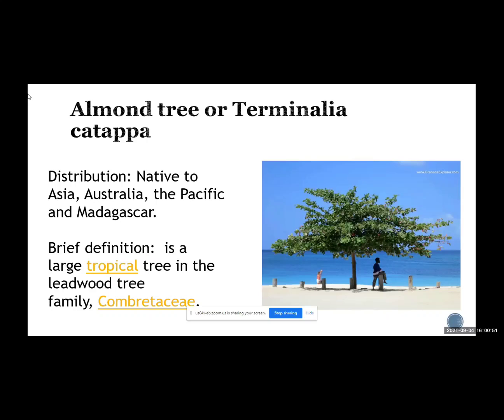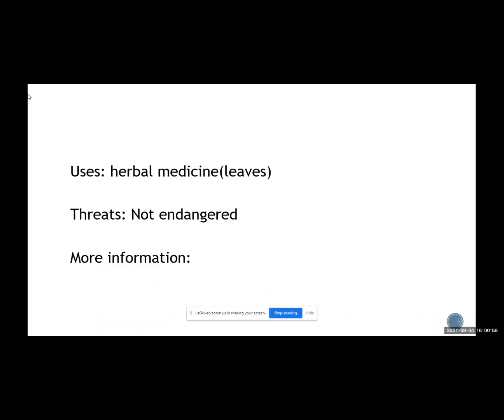Brief definition: it is a large tropical tree in the leadwood tree family Combretaceae. As mentioned by Leogene, the uses are in herbal medicine. The leaves can be used as medicine. Threats: not endangered.